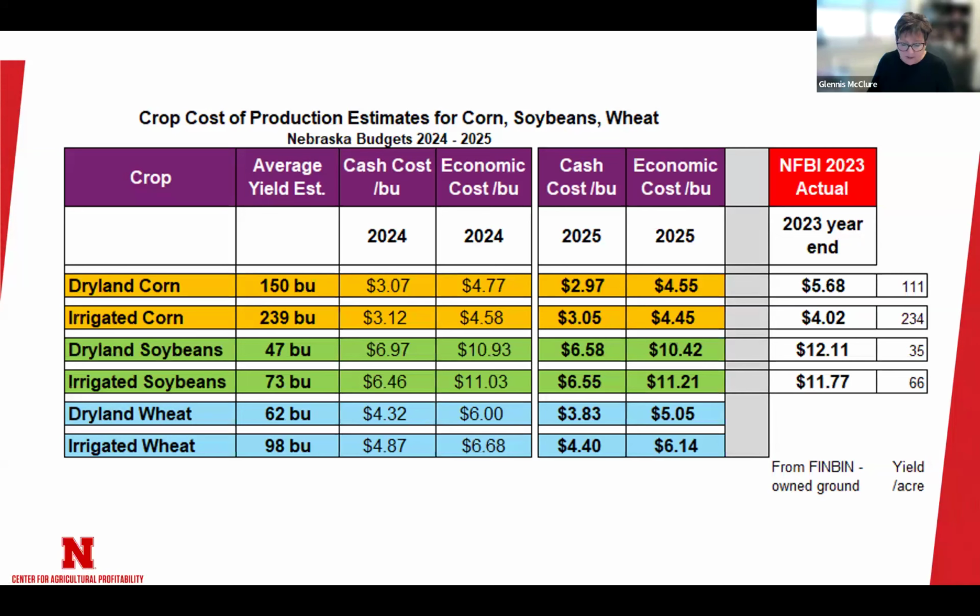So the difference between cash and economic, though, is something that we want to talk about. In that cash is just cash. So if you're a cash basis tenant, and you pay cash rent, you would figure your land cost into cash. So your figures might be quite different here, all right, than on the cash side of things. Economics, what we kind of calculate with our budgets is that we assume that there's ownership and there's an opportunity cost.